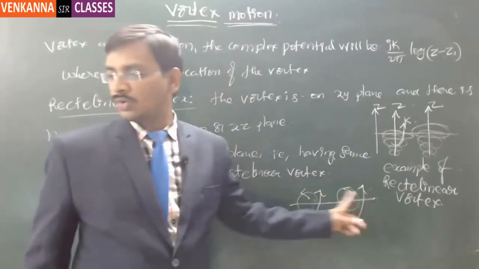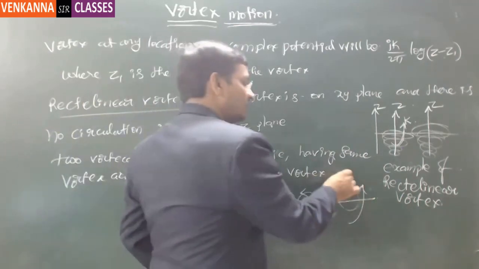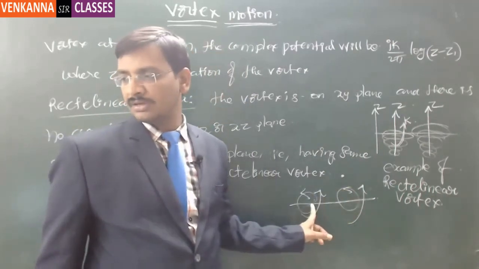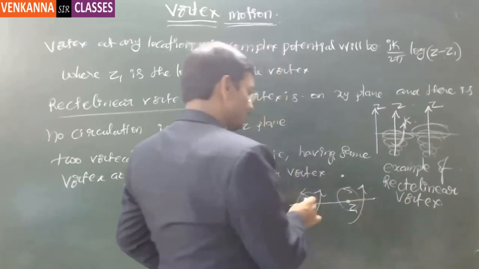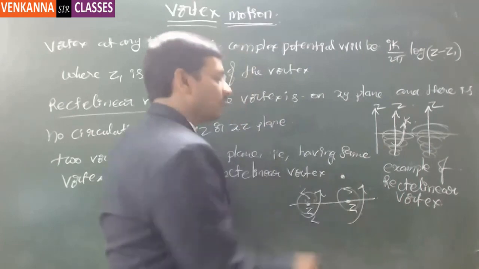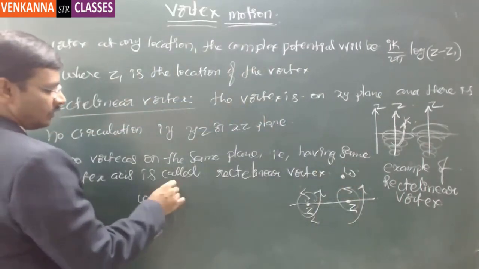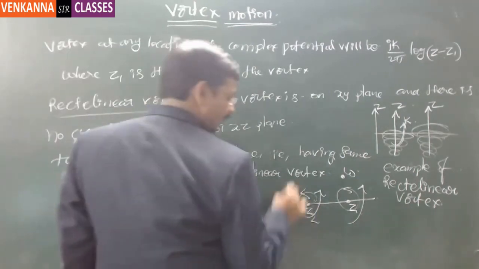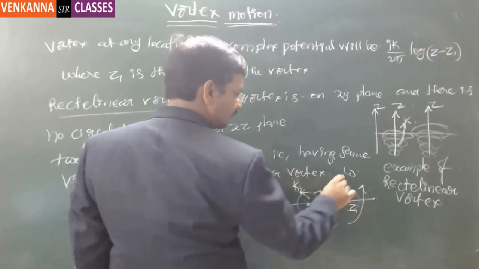Now if those two are rotating like this in a complete infinite fluid, then a fluid particle at this particular point is getting influenced by this one and this one together. Got it or not? This vortex is located at z1 and this location is z2. Then the complex potential at this particular point W is nothing but, let us say this is K1 and this is K2.